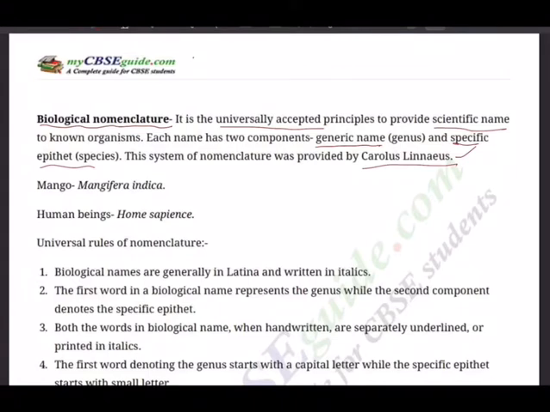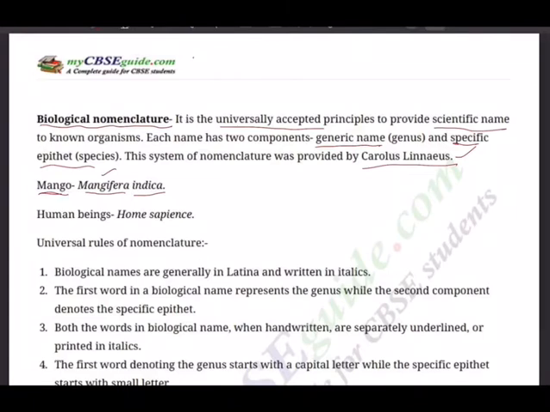For example, when we say mango, mango is an English word, and the scientific name will always be in Latin, with two words. Mangifera is one word, indica is another word. Here Mangifera is the genus name, which simply talks about mango.